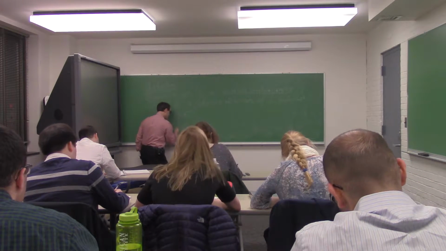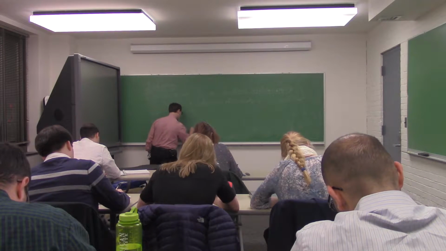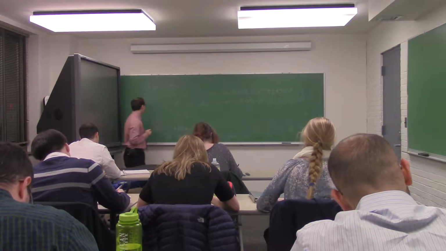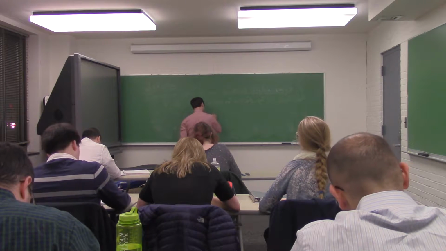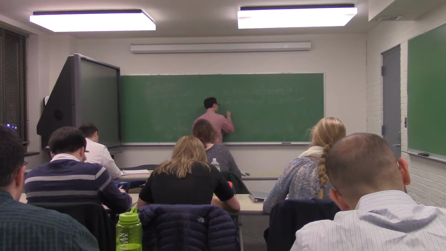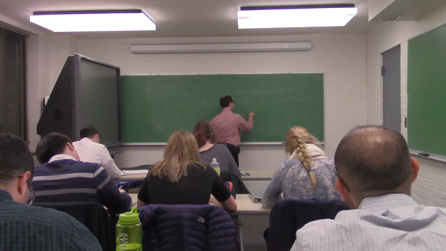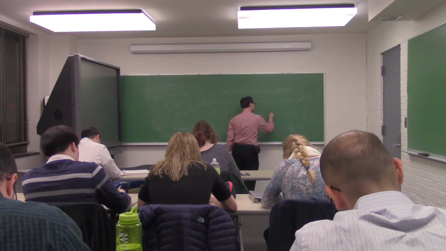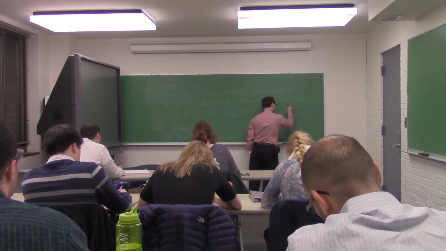This sigma is a subset of V. So if I've got this sigma sitting there and delta is a subset of sigma, then delta is also in X.